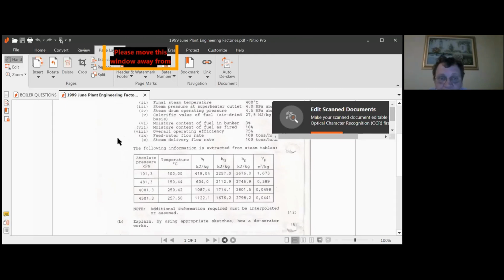The fuel itself had 3%, but by the time I'm actually burning it, as it goes into the burner, there's another 7% that is added, and that can only come from the air I'm mixing with it, which comes from the PA fan and the FD fan.